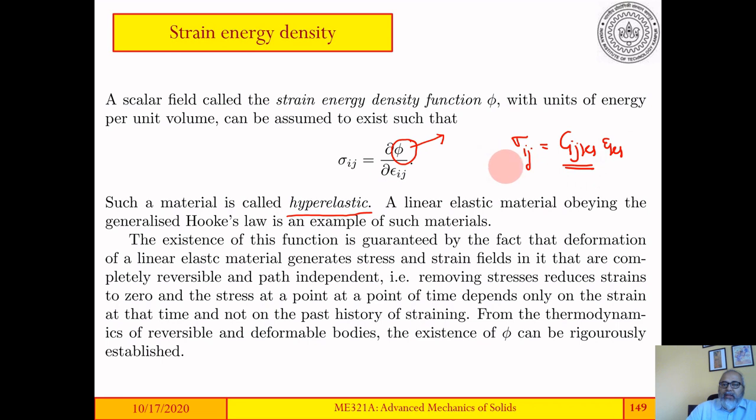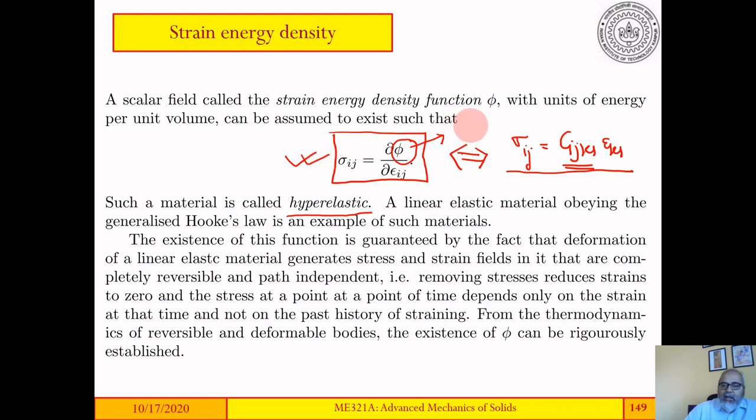So we can imagine that this phi would be a quadratic function of the strains, so that taking its derivative with respect to strains would give you a linear function of strain, and the constitutive equation is indeed a linear function. So stating this for a hyperelastic material is completely equivalent to stating the constitutive equation.